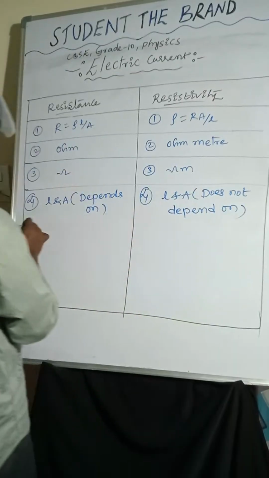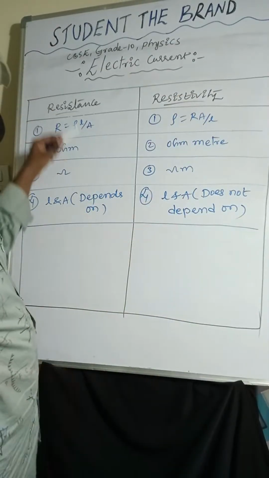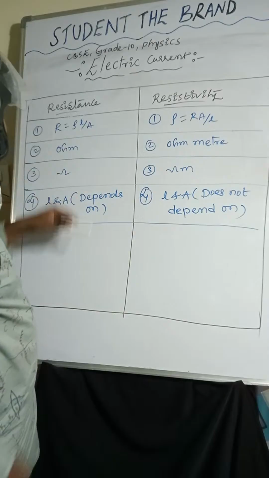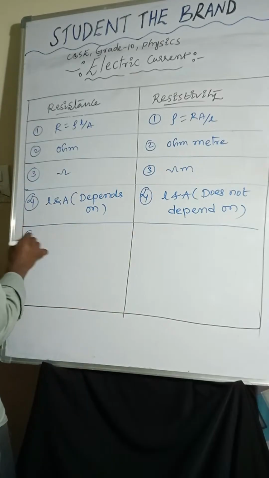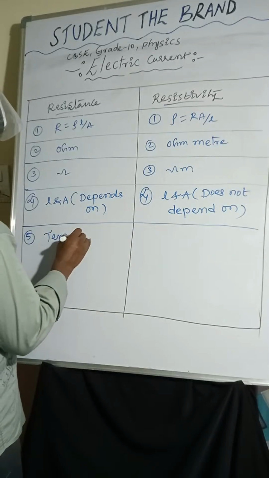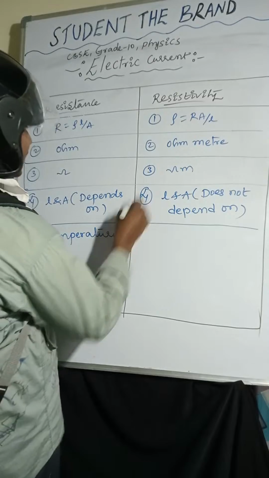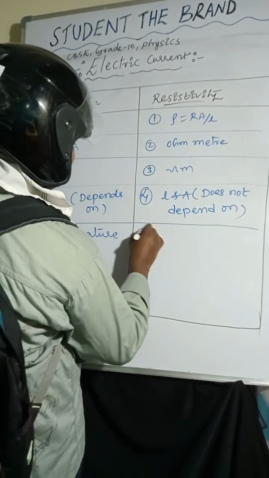Resistivity does not depend on length and area, but resistance depends on length and area. And resistance depends on temperature, and resistivity also depends on temperature.